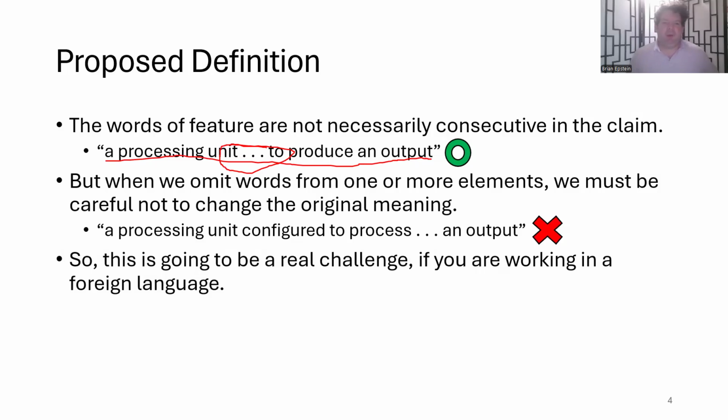But when we omit words from one or more elements, we must be careful not to change the original meaning, right? So, for example, if you manipulate the element on the previous slide, you could say a processing unit configured to process an output, but that actually changes the meaning. We don't do that. So please do not do that.